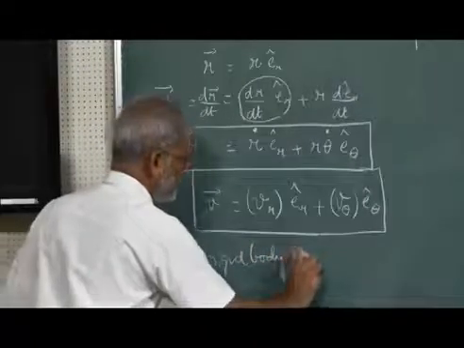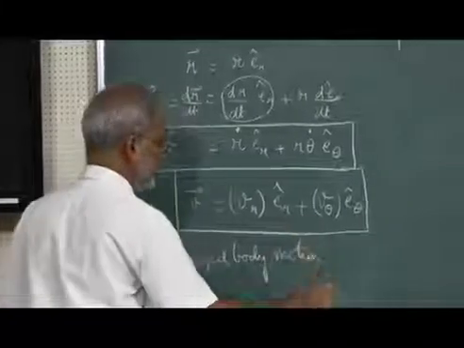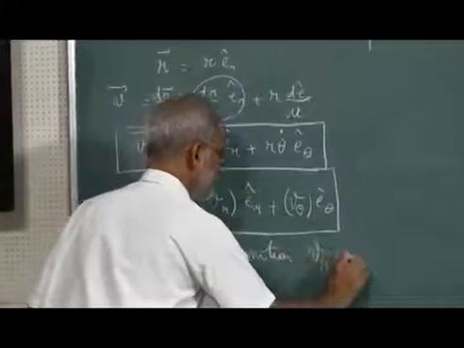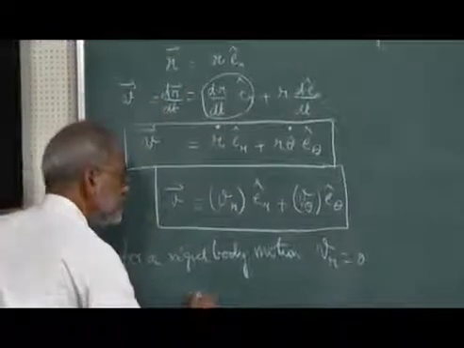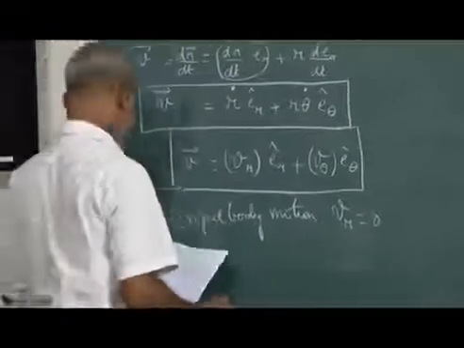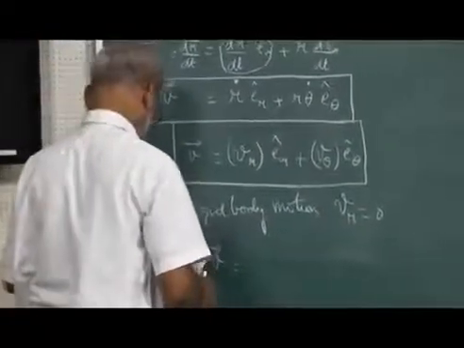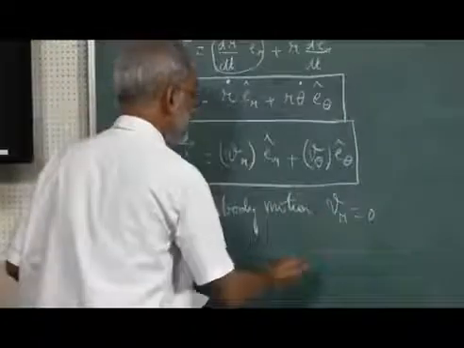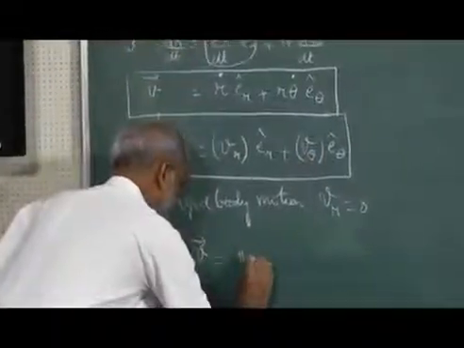For rigid body motion we have this important relation: we will simply have v is equal to v_theta e_theta, and v_theta, we know, is r omega.